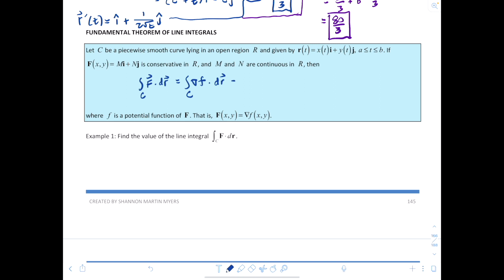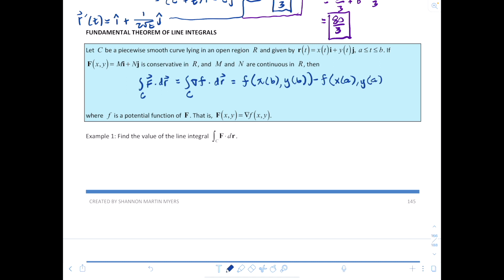which happens to be equivalent to f evaluated at x of b, y of b, minus f evaluated at x of a, y of a.